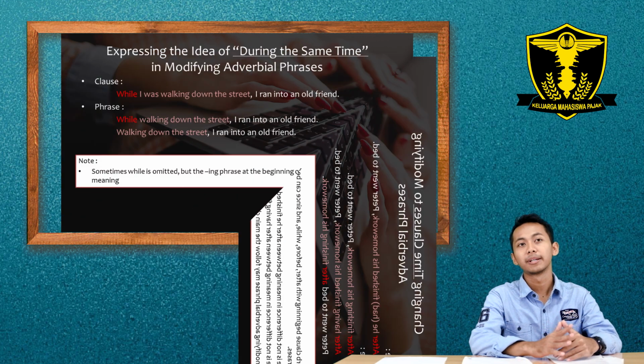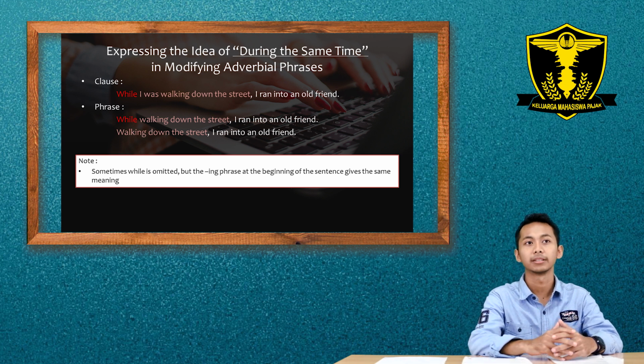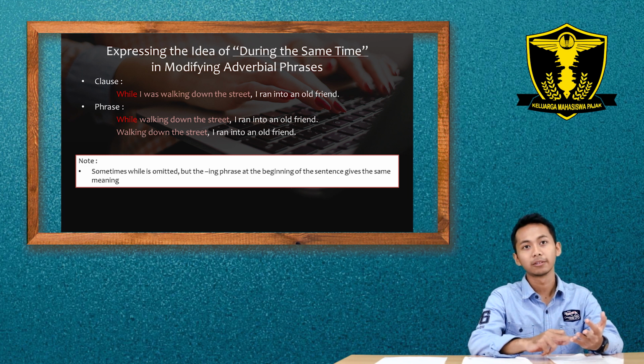The next is expressing the idea of during the same time in a modifying adverbial phrase. In the clause we have this: while I was walking down the street, I ran into a good friend. If we want to change it into an adverb phrase, we can remove I here because the adverb clause and the main clause have the same subject.